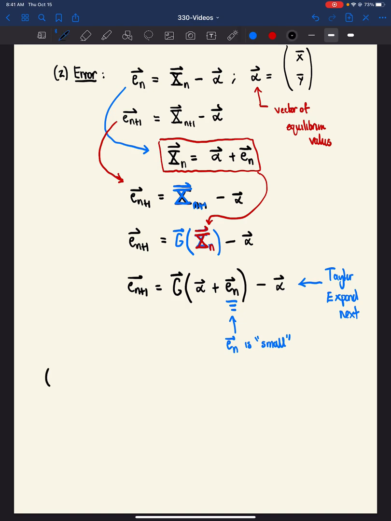But for us here, let's just go ahead and start Taylor expanding. And the really groovy thing about this is the Taylor expansion we're going to do is a multi-valued or multivariable Taylor expansion. So let's check out what this looks like.